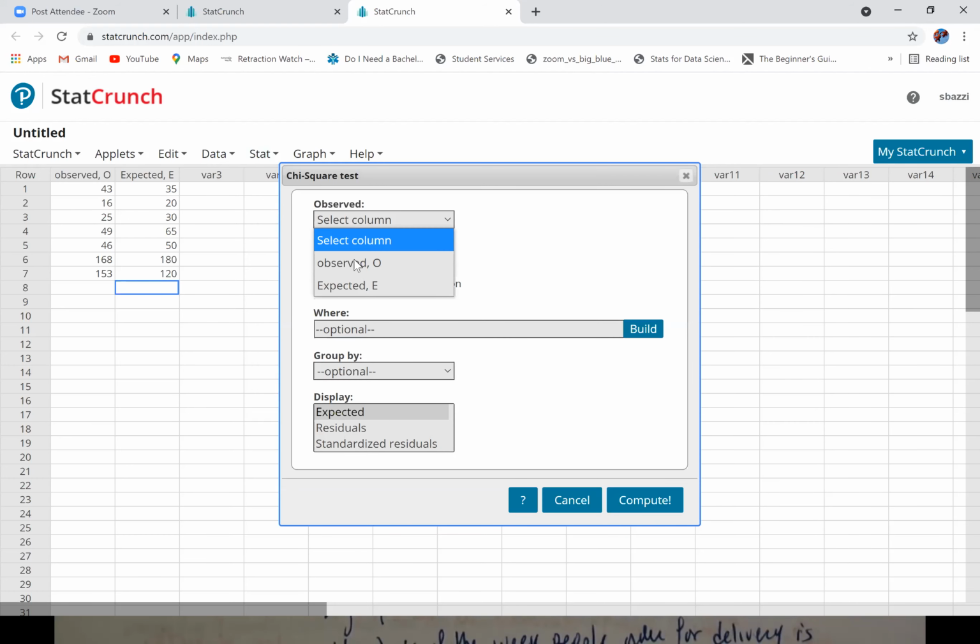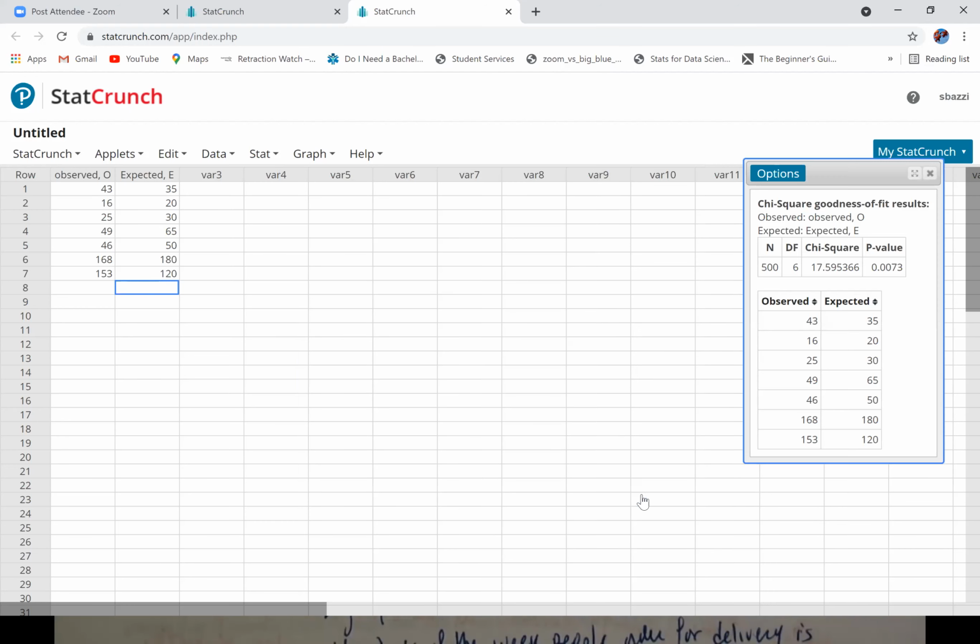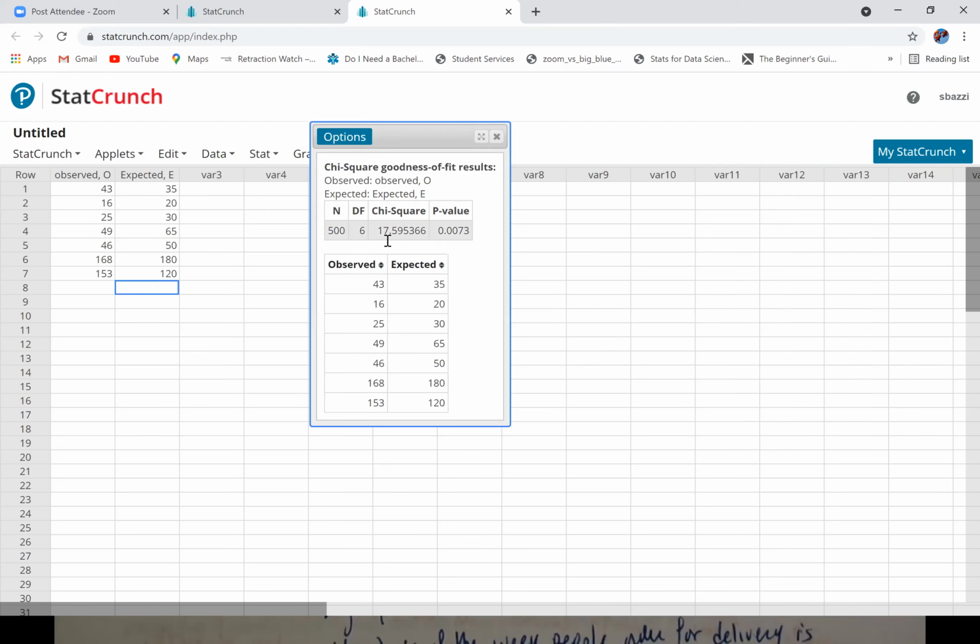Observed, where are your observed? Select the column. I just named the column observed so I don't get mixed up. And here expected. And that's it. Compute. And you can see, guys, chi-square is 17.595.